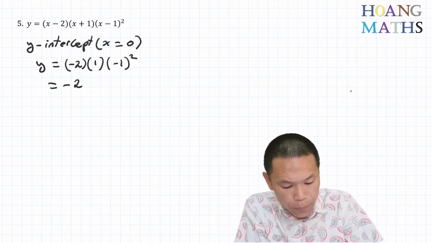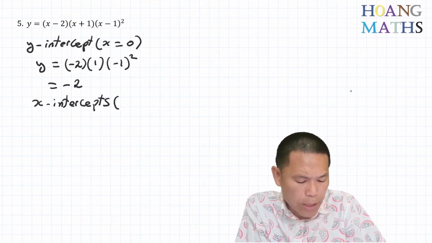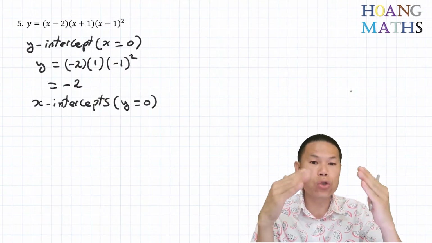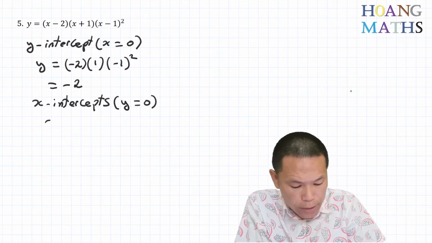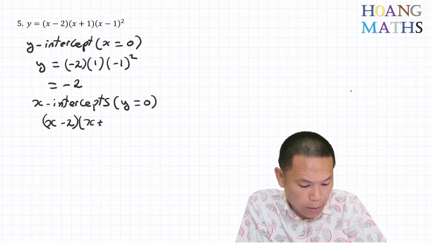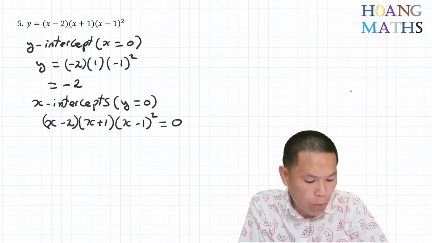And we need to find the x-intercepts. X-intercepts means when y is equal to 0. So when y equals 0, we just solve the equation. So that is x minus 2, x plus 1, x minus 1 squared is equal to 0.